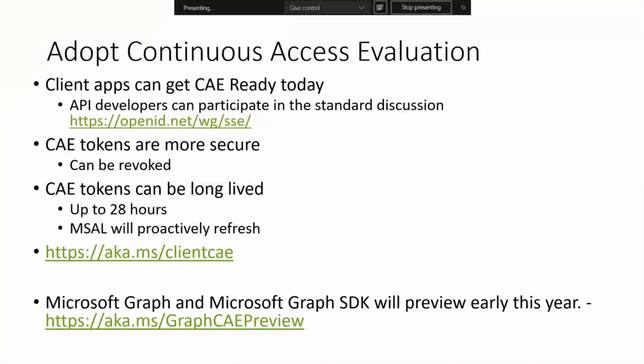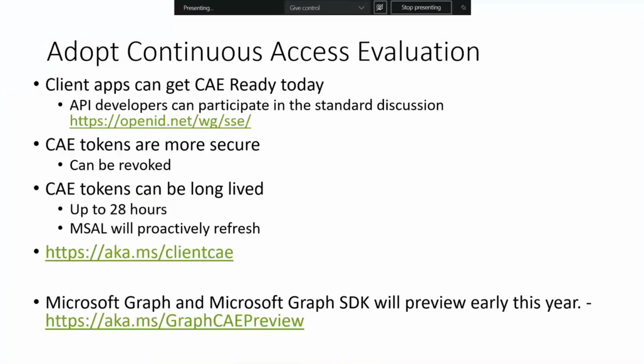The third piece is the client application itself. The client application has to be changed because it's now going to get a rejection, an unauthorized response to an API call, when the client has what it believes is a perfectly valid JSON Web token in hand. The token response we gave said it was good for an hour or 24 hours, so it should still be good.